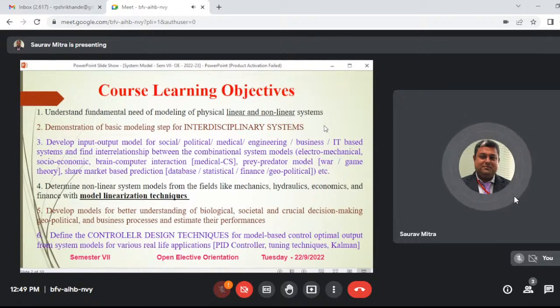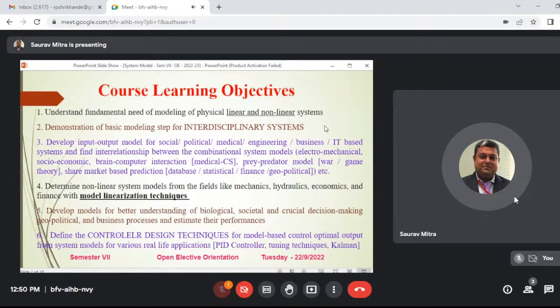We have taken cases of systems from electrical, mechanical, electromechanical, financial, medical, biomedical, statistical, finance, economics, and geopolitical domains. We are supposed to develop an input-output model for social, political, medical, engineering, business, and IT-based systems and find the interrelationship between the combinational system models.